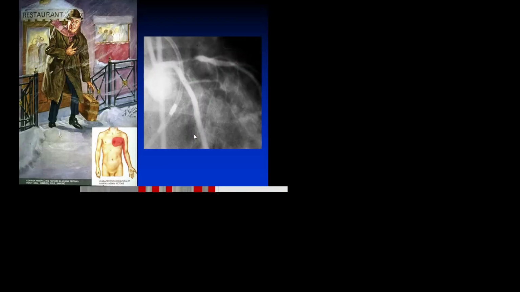So now we'll discuss the ambulatory management of coronary artery disease. It's the classical picture of the person who experiences severe substernal stabbing, squeezing pain, and that pain appeared after good meals.